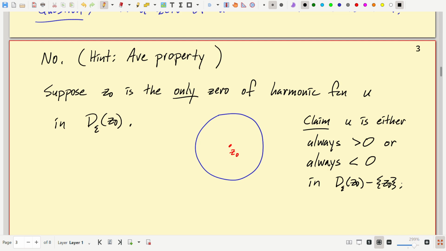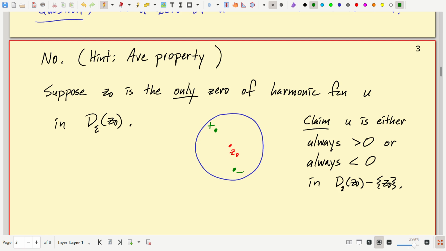But the intermediate value theorem was for functions along the x-axis, so we have to think about how to get a one-dimensional thing. Suppose I've got a point where u is positive, and another point someplace where u is negative. I could draw the segment joining those two, but it might go through z naught. If it did, I could make it bend around it.